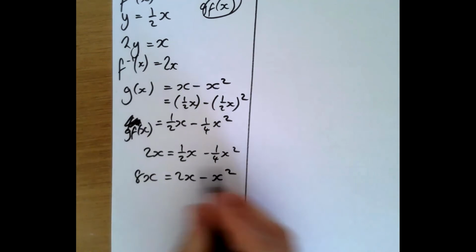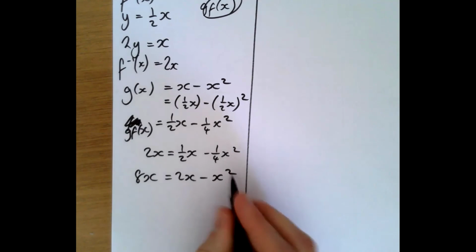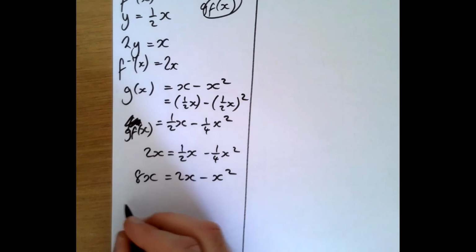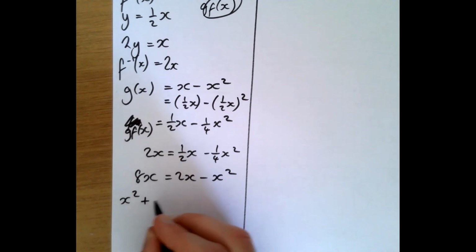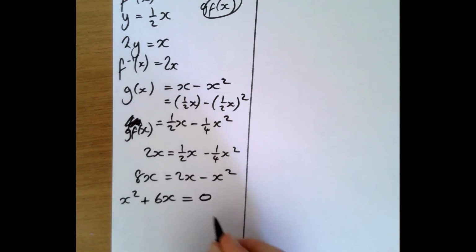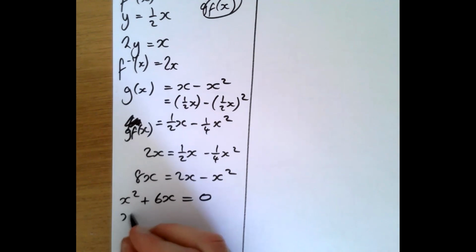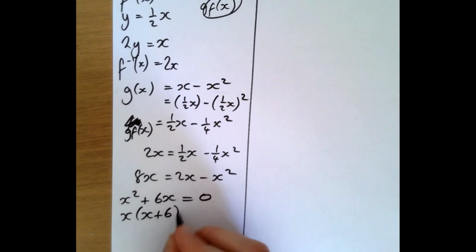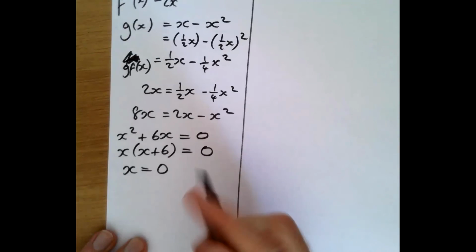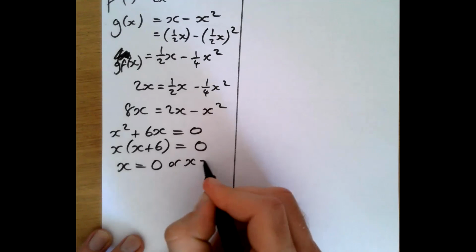Rearrange this to make it equal to 0. I don't like negative x squared, so we're going to have x squared plus 6x equals 0. Factorize that out, you get x brackets x plus 6 equals 0. So x equals 0, or x equals minus 6.